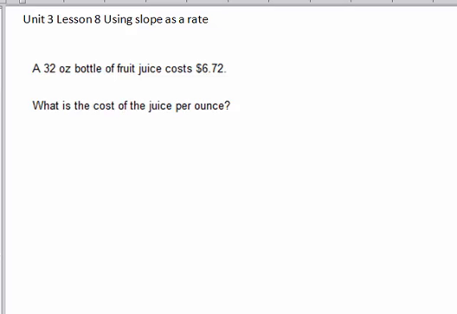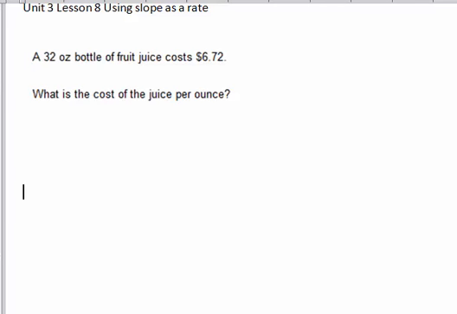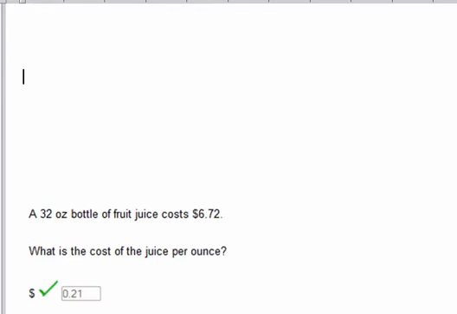And then we can see where the line crosses at 1 ounce and figure out how much it is per ounce. Or what else we can do is take the $6.72 and divide that by 32. And either way is going to give you a slope of 21 cents.